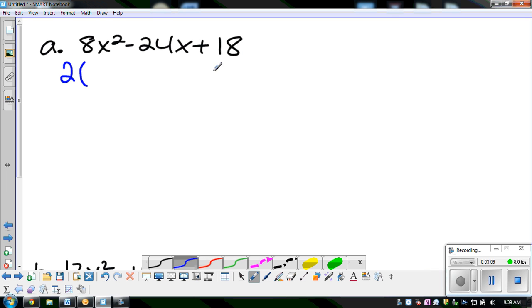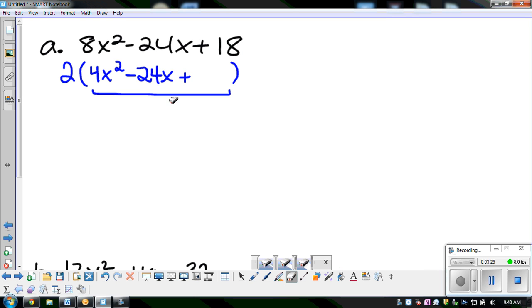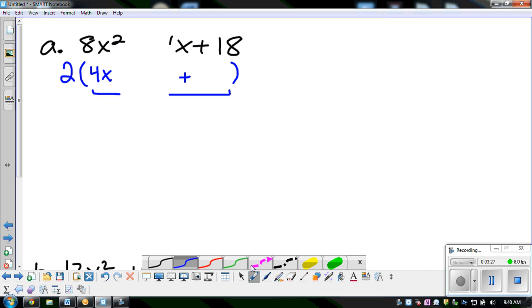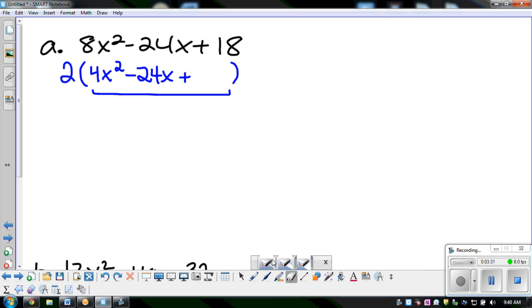And it is necessary to factor out the 2, simplify the problem, and then when we use the X method, we'll be using the A, B, and C of this simplified trinomial that we get here, and this should be a 12. Negative 12x in the middle. Let's get that back. Make this a negative 12x. And a plus 9.